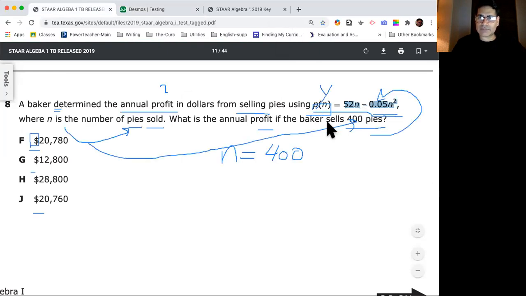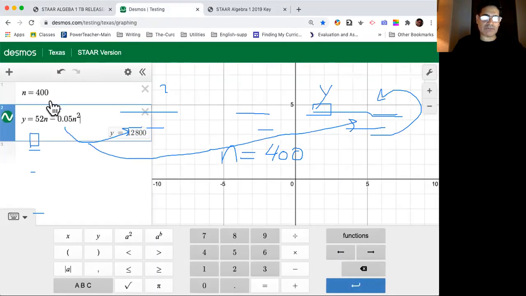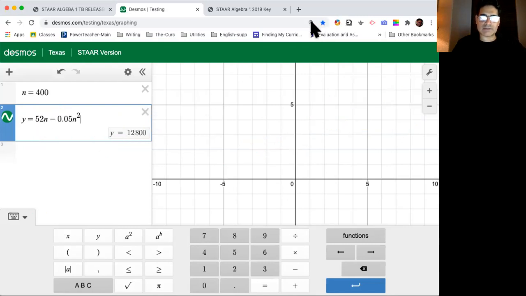I said, let me mark that spot in Desmos, N equals 400, and then let me put this equation, and the equation said, I notice you got something in N. Let me take that, put it in here, and give you this calculation, okay?